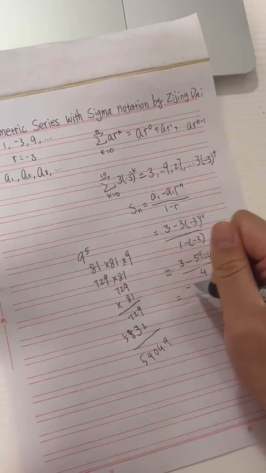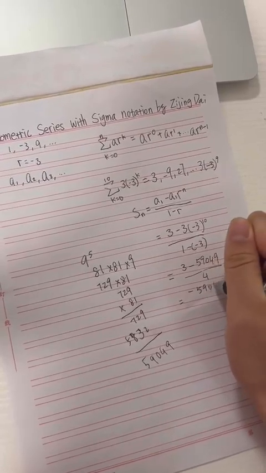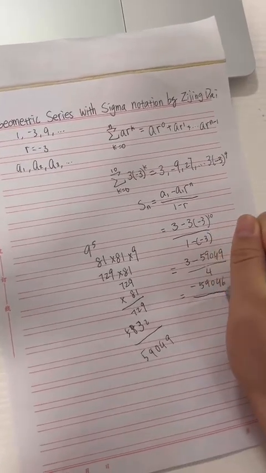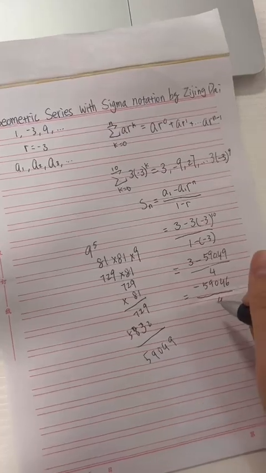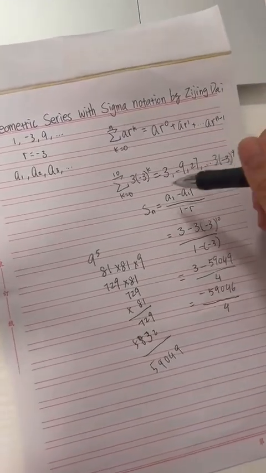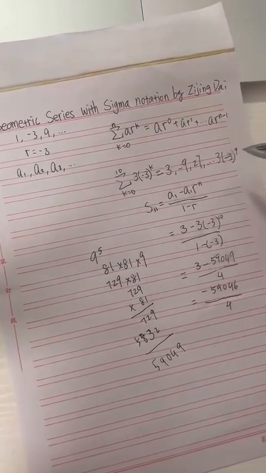So we get -59046 over 4, and we can simplify this number to get the sum of this sequence.